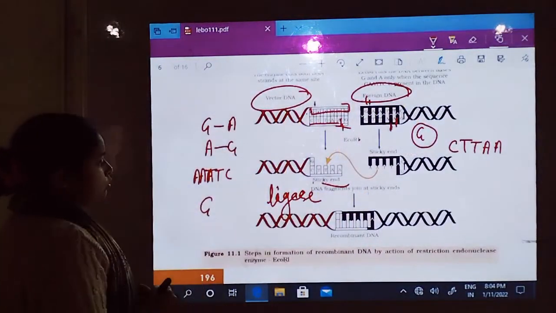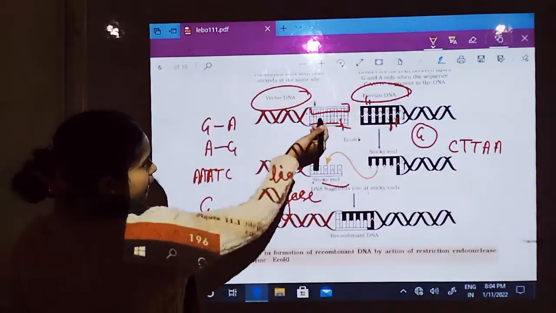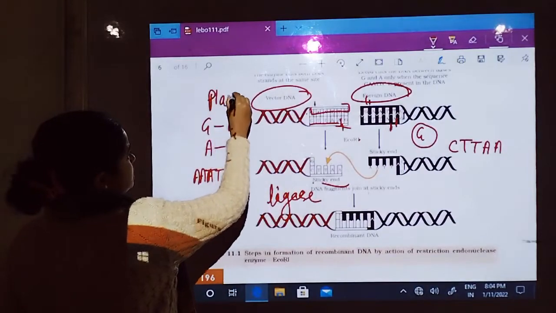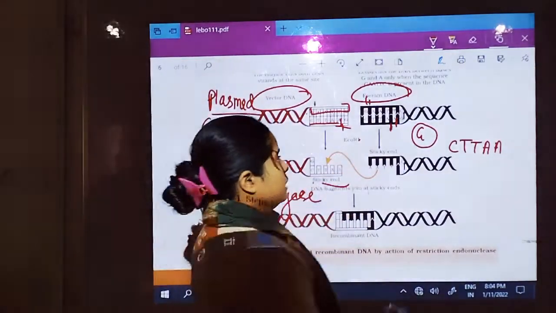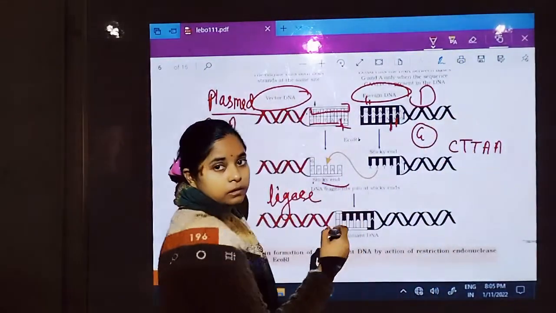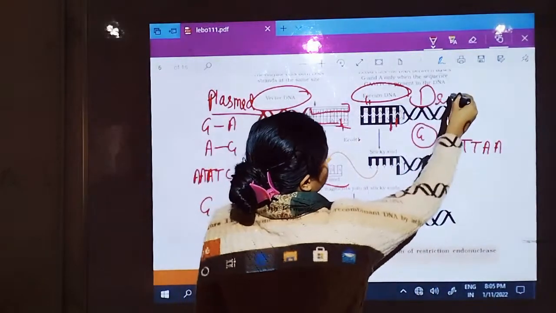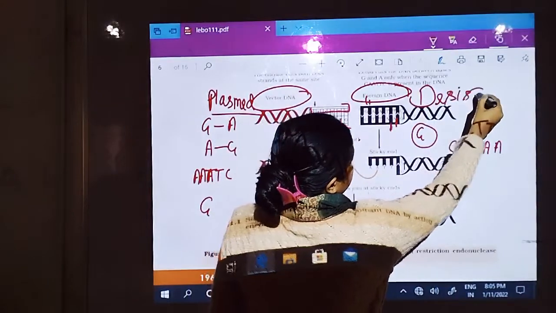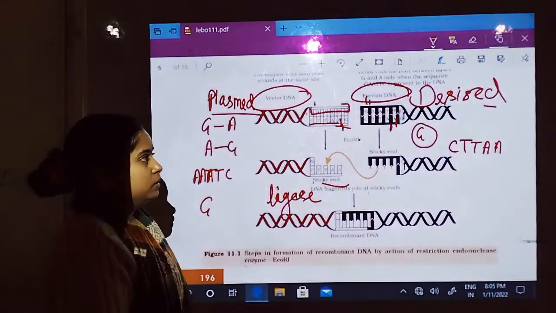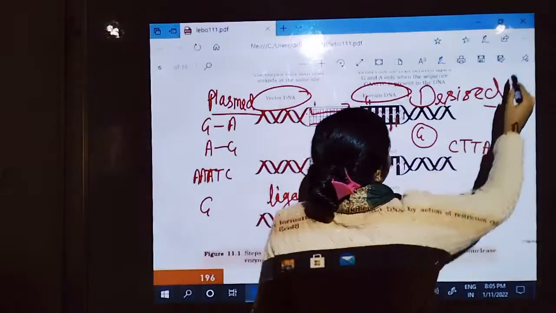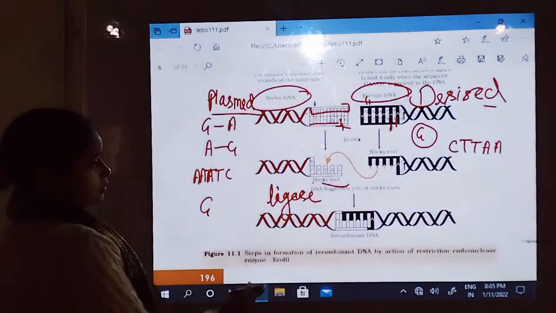If we want to ligate a plasmid, what is vector DNA? This represents the plasmid, the vector DNA, and foreign DNA is actually the desired DNA. Now students, let us move to the next topic.